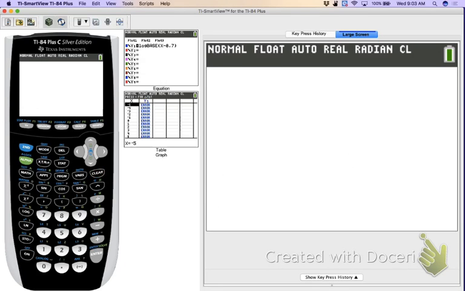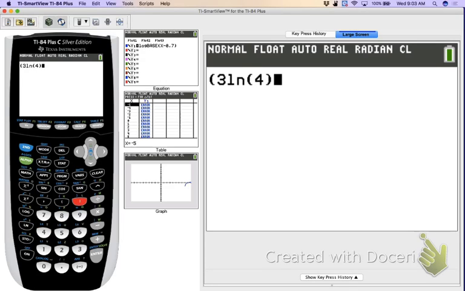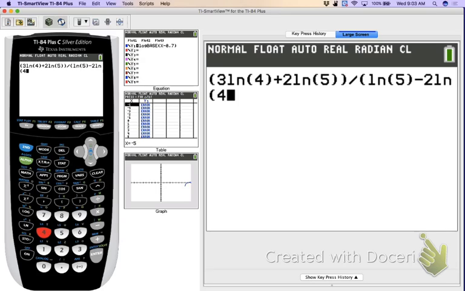So I would go parenthesis and then 3 natural log of 4 plus 2 natural log of 5. Close that and then divide it by the natural log of 5 minus 2 the natural log of 4.